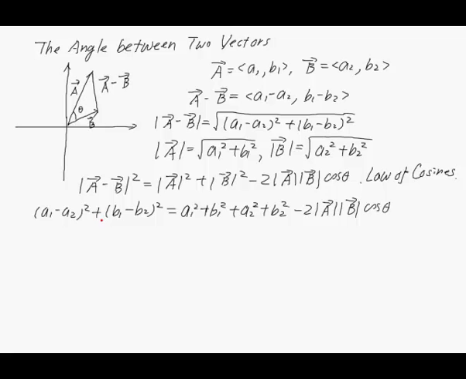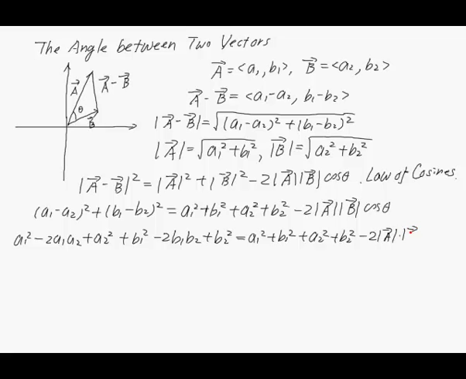Now let's expand the left side. We have a1 square minus 2 a1 a2 plus a2 square and plus b1 square minus 2 b1 b2 and plus b2 square, equal to a1 square plus b1 square plus a2 square plus b2 square minus 2 times the magnitude of a times the magnitude of b and times cosine theta.